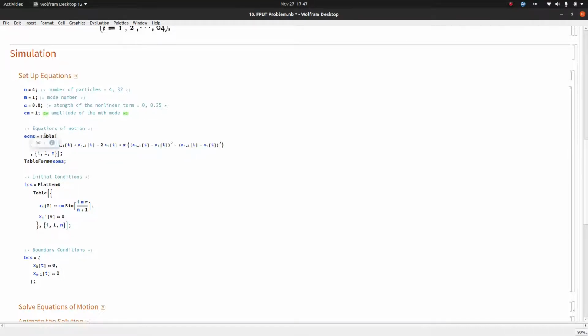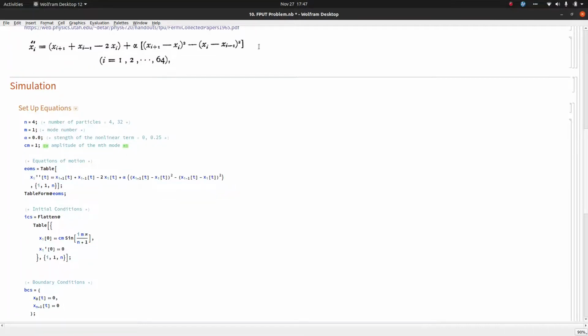We're just copying down this equation of motion. This is very similar to the 2 coupled masses problem, except we're going to have more masses. So we've got the linear term, we've got the nonlinear term, and this will give us our equation of motion.